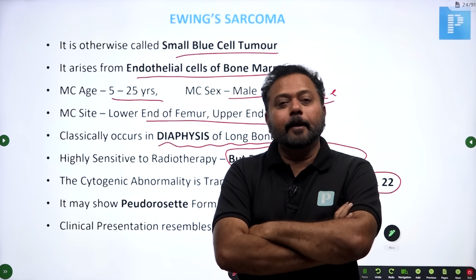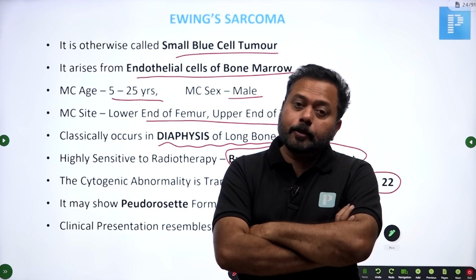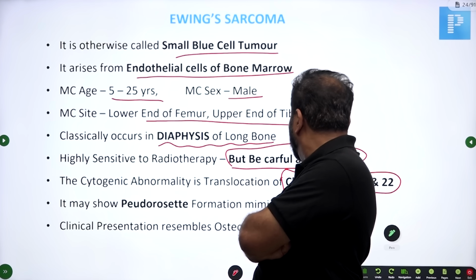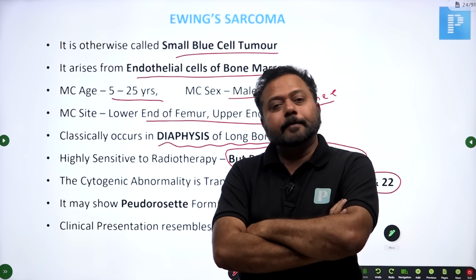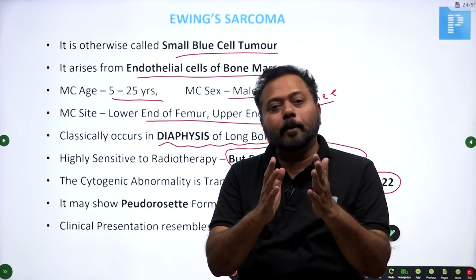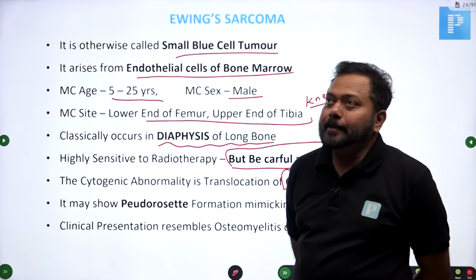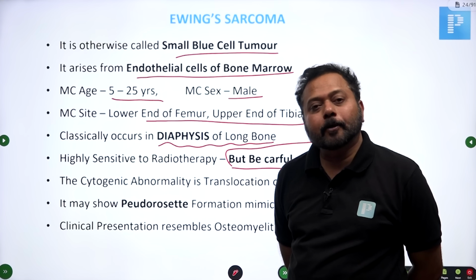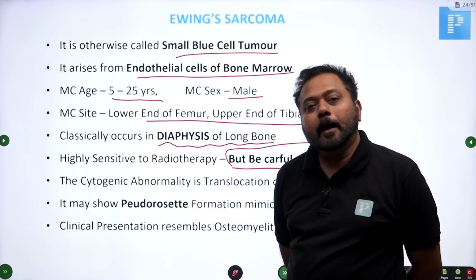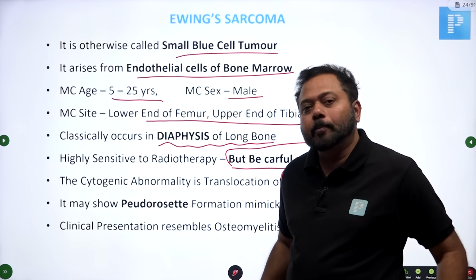So retinoblastoma and osteogenic sarcoma are interrelated. Like that, this 11 and 22 is the cytogenetic abnormality that is happening in neuroblastoma. So Ewing sarcoma is related to neuroblastoma. Robbins says that somebody who has developed retinoblastoma has a high chance of developing osteogenic sarcoma, and somebody who has developed osteogenic sarcoma has a high chance of developing retinoblastoma, because of the same cytogenetic abnormality.